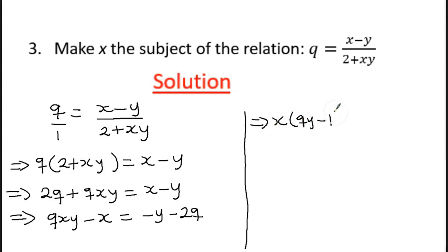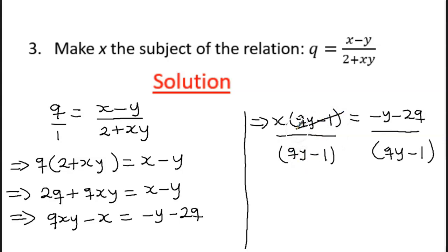Qy minus 1 is equal to minus y minus 2Q. Let's divide both sides by Qy minus 1. So this will cancel this one. So we have x is equal to minus y minus 2Q over Qy minus 1.